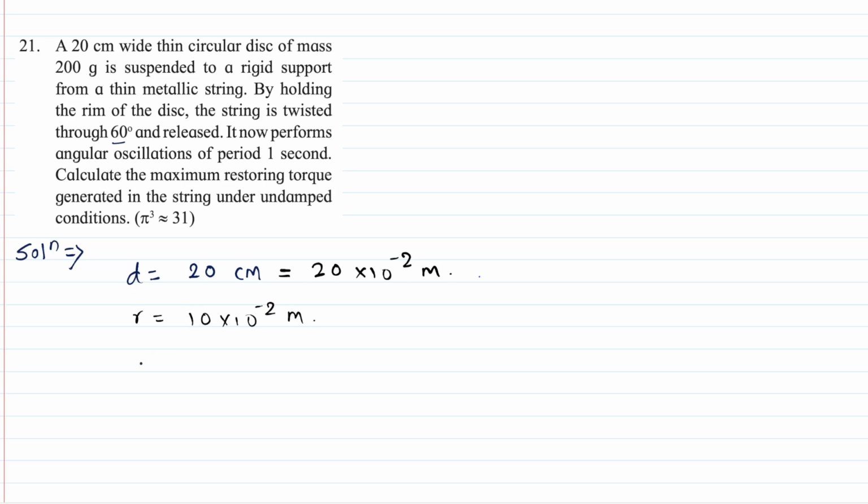Also the mass of the disc is given. Mass is 200 gram. Therefore we will convert this 200 gram into kilogram, which will be 200 into 10 to the power minus 3 kg. This will be equal to 0.2 kg.